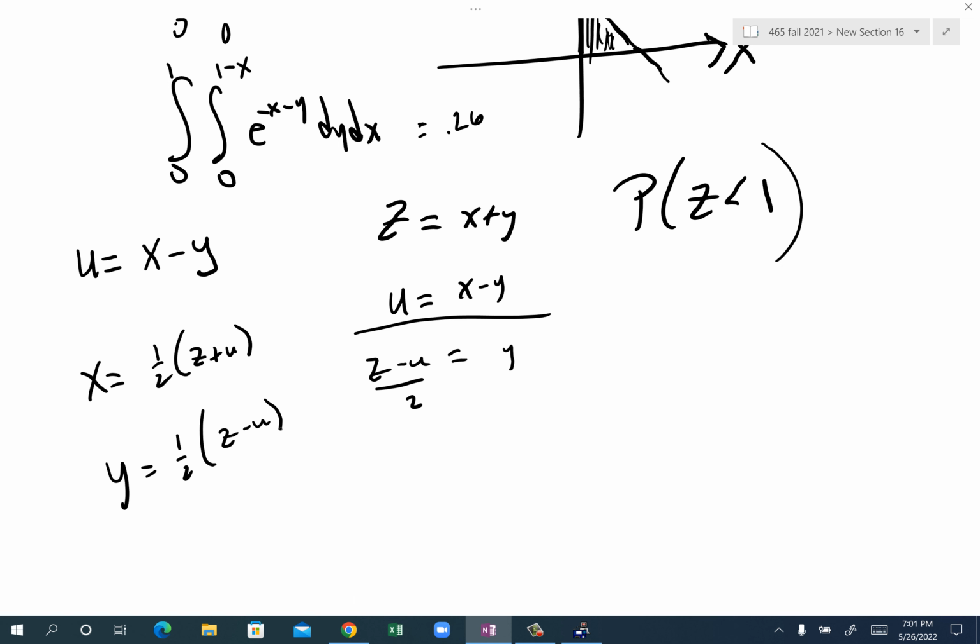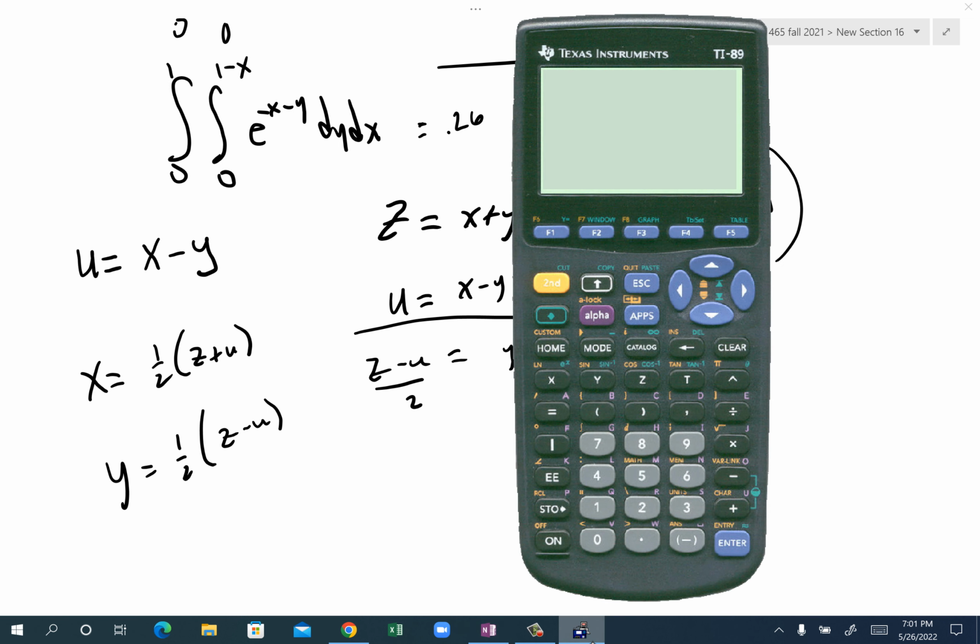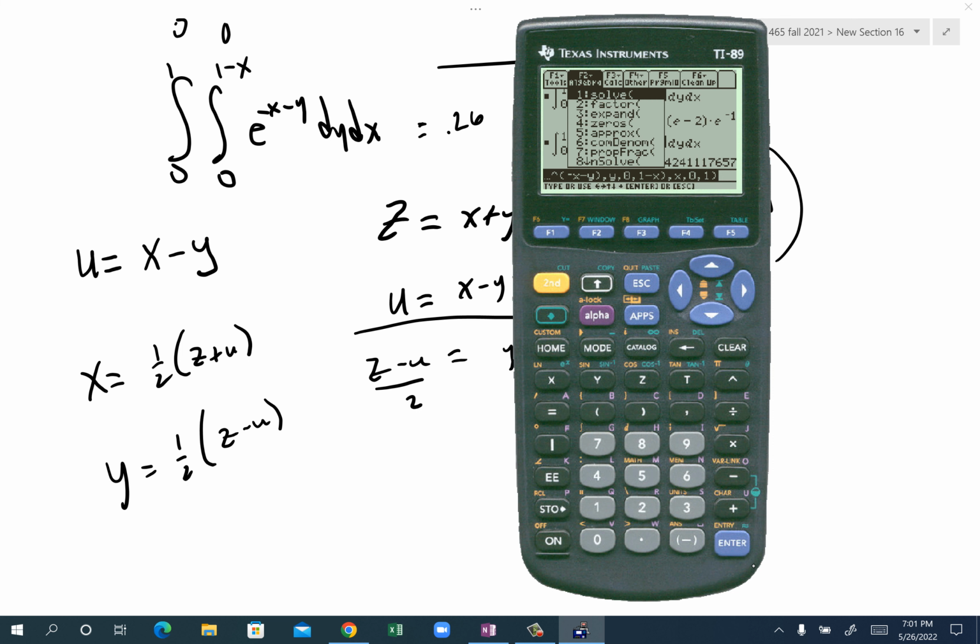You can also use a calculator. If you have one of these, you can go F2, the solve key, and type in u equals x minus y, and z equals x plus y.